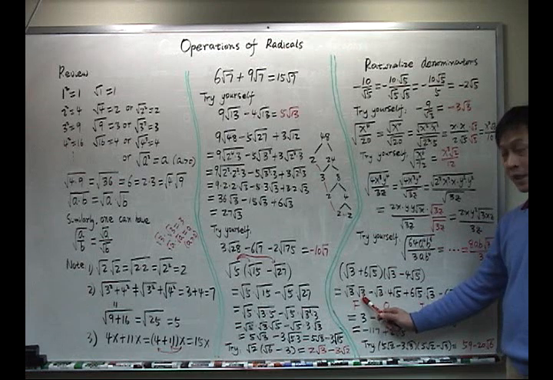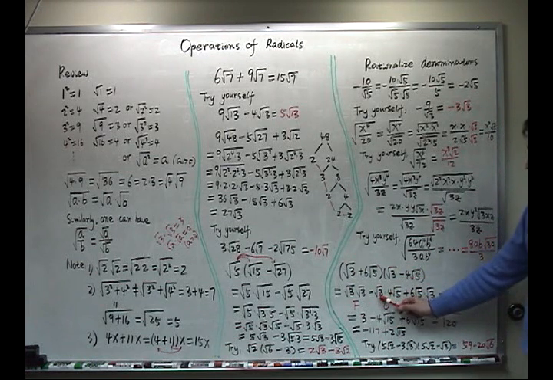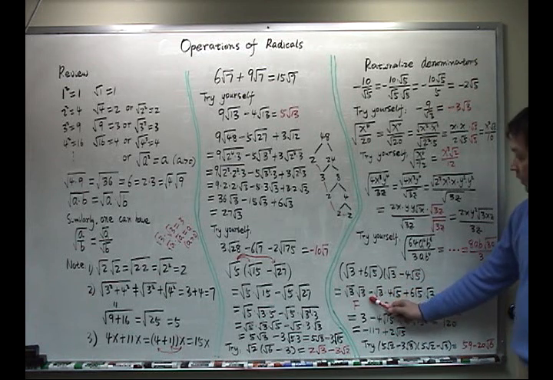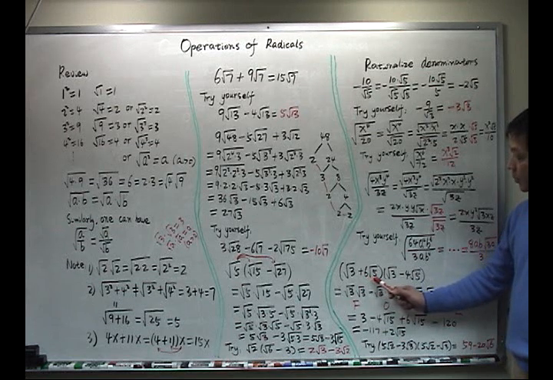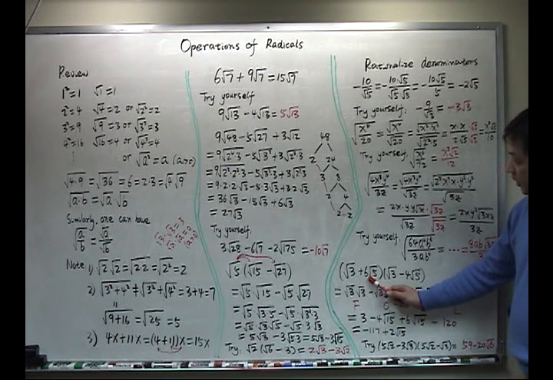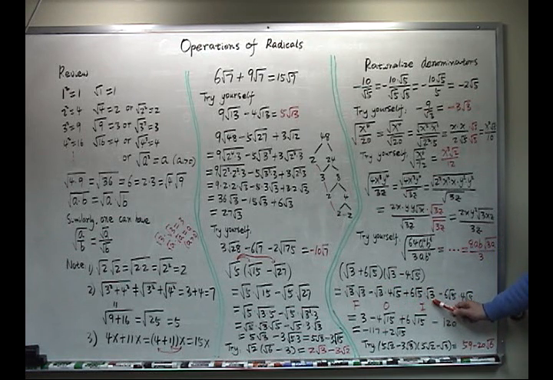The outer product is radical 3 times 4 radical 5, with a negative sign. The inner product is 6 times radical 5 times radical 3, 6 radical 5 radical 3.